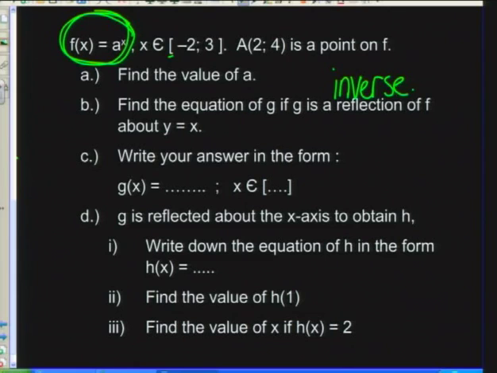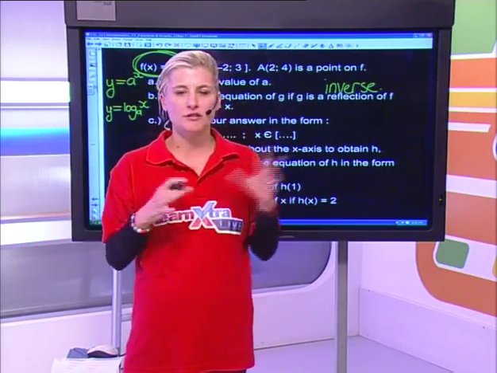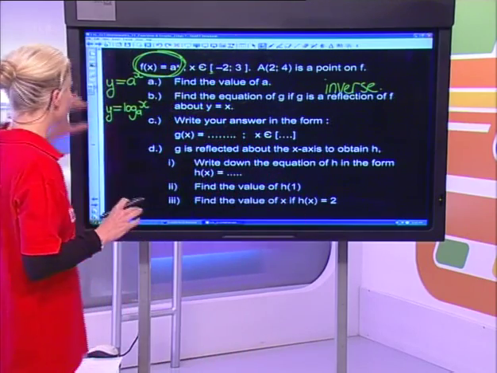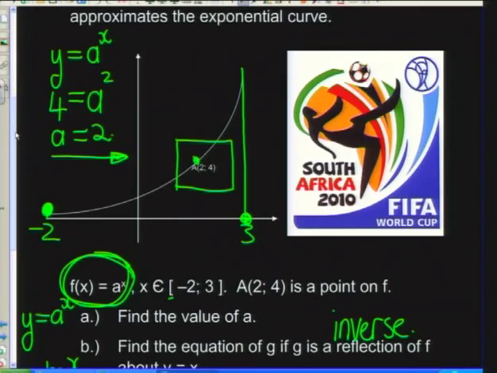Right. So at this point, we should know that if we start with a to the power x, our inverse is y is equal to log to the base a of x. I've shown you guys what we do to get from the one form to the other. We basically swap the x and the y value around, and then we do a little log manipulation, but it's perfectly sufficient for you to now just use this fact.